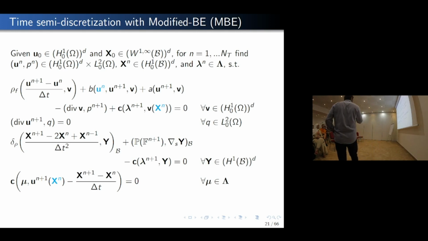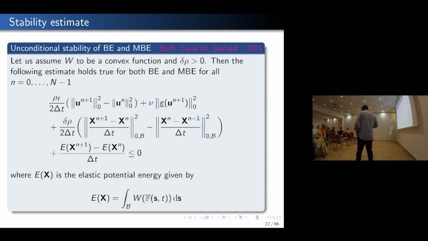Okay, so a small modification to solve this problem, and the important property of these two schemes is that they are stable without any condition on the time step. This is a theorem in this paper. So if we assume that W, the potential energy, is a convex function and delta rho is positive, then the following estimate holds true for backward Euler and modified backward Euler.